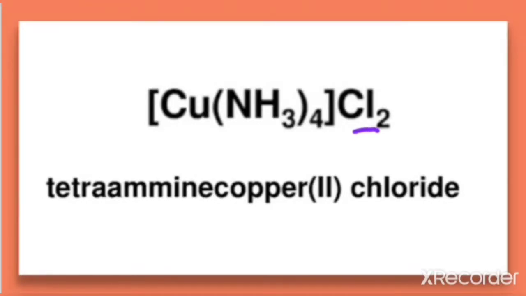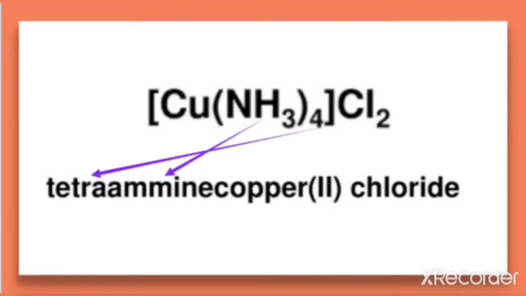So the order of naming: first the ligand, that is NH3. What is the name given for this NH3? That is ammine. But here 4 NH3 are there, so we have to use the word tetra, then ammine.